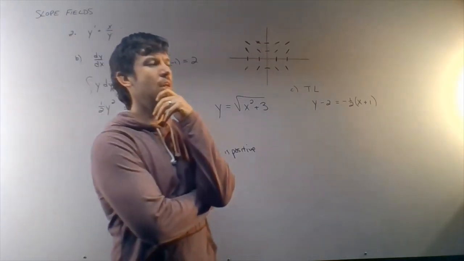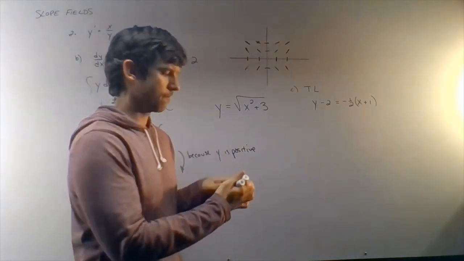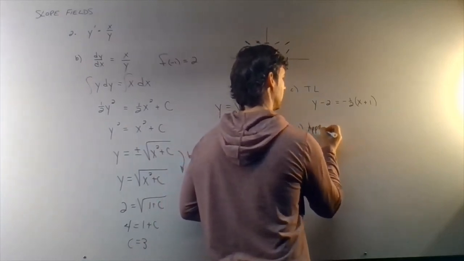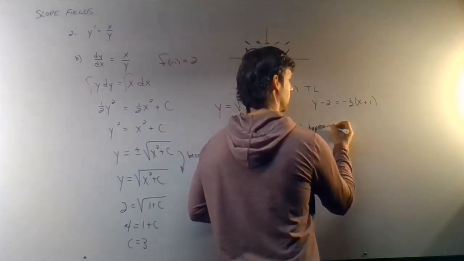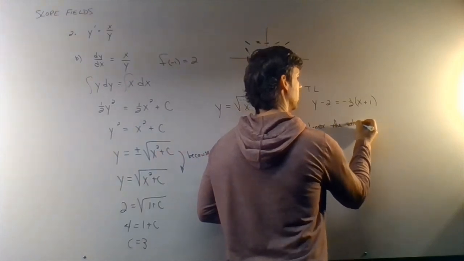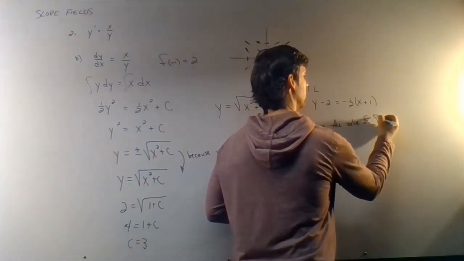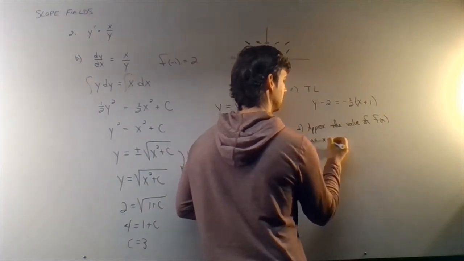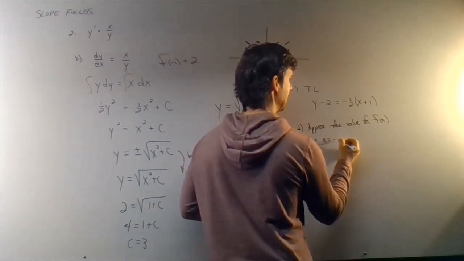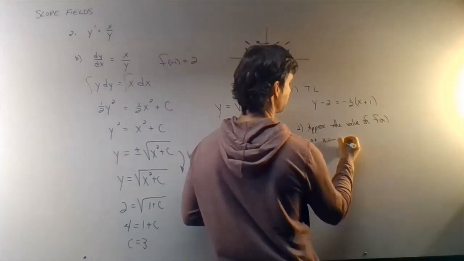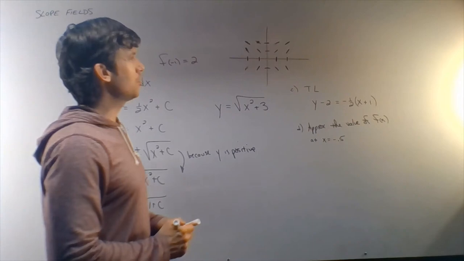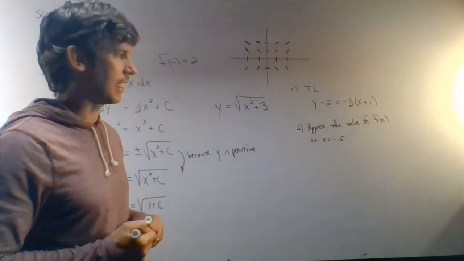So some other things you're going to be asked to do. You might be asked to, so this is like a letter D, approximate the value of the function at x equals -0.5. Okay? So we can use the tangent line to approximate that.